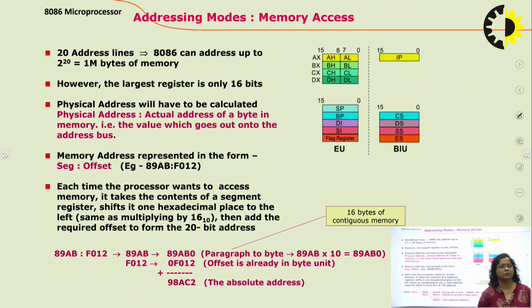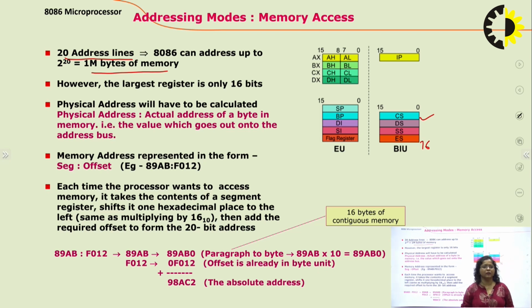Next is memory addressing. As I have told you, the overall memory addressed by 8086 is 1 megabyte and the address lines are 20 address lines. Whereas the registers through which memory is accessed are segment registers and each segment register is 16-bit.